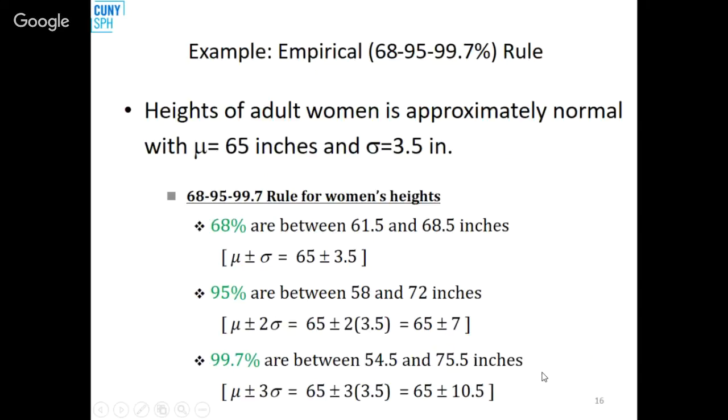So this is a range of 10.5 on each side, almost a range of 2 feet. So that is indeed, you expect, given a range of 2 feet, it should contain almost everyone's heights.